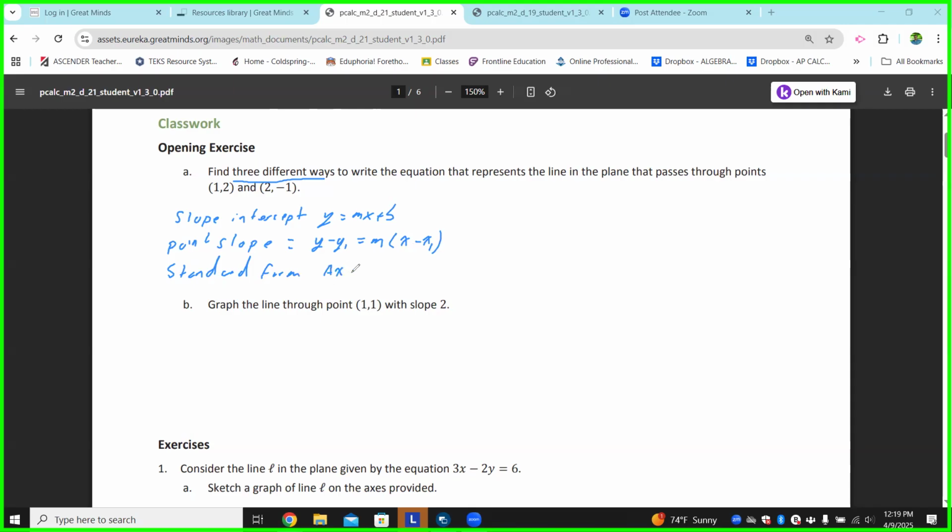AX plus BY equals C. We don't have a Z in this situation. It's linear. Go ahead. That's Y1. So Y minus Y1 equals M times X minus X1. So those are the 3 equations that were kind of given to you back in algebra decades ago for y'all, since you are so old.